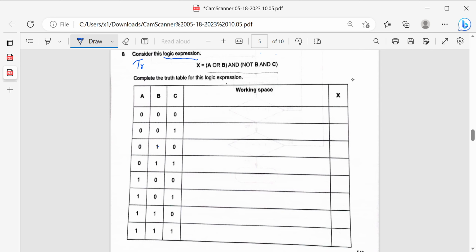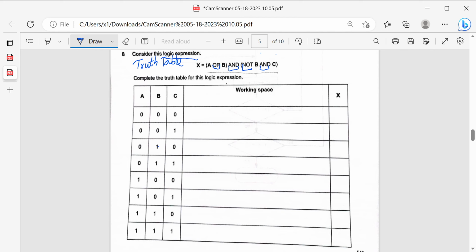On the basis of this expression, we need to fill in this truth table. So let's start from the very basic concept of logic expressions. Here are some of the logic operations: OR, AND, NOT.